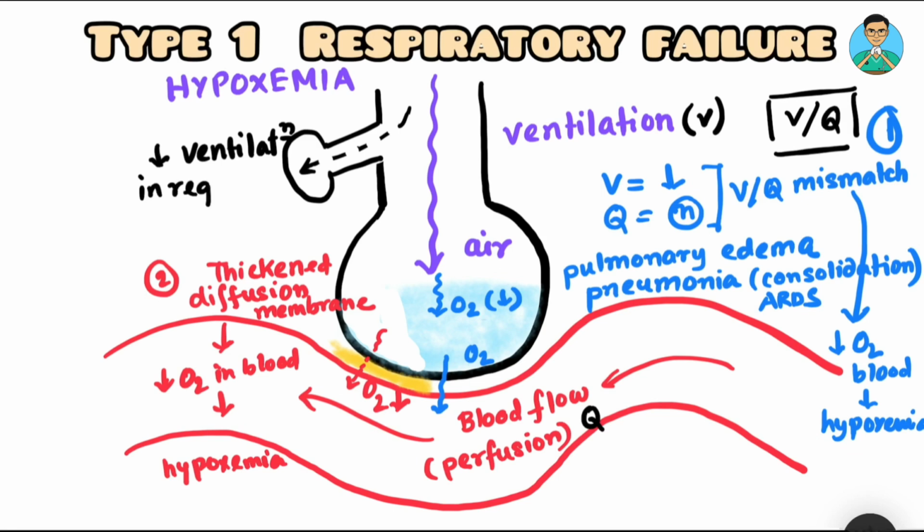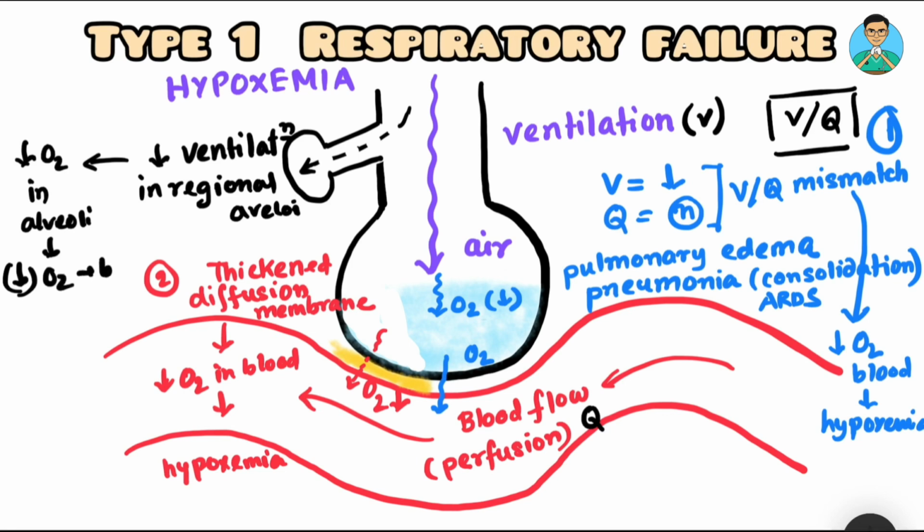Some regions of the lung, the alveoli present over there, are getting less ventilation. In that case, there is low oxygen in the alveoli. So decreased oxygen will go to blood, and that will lead to hypoxemia. This is mechanism number 3.